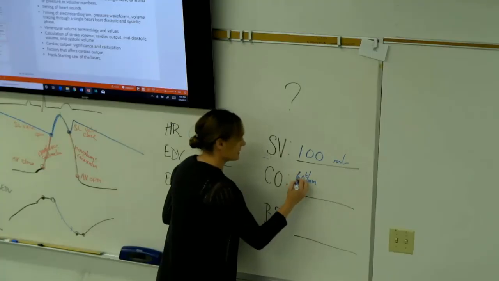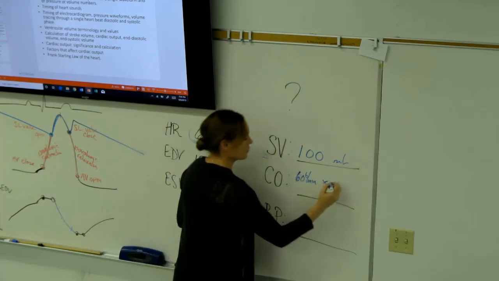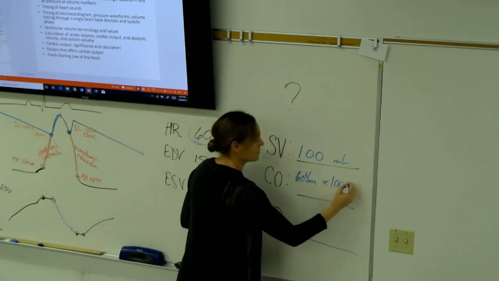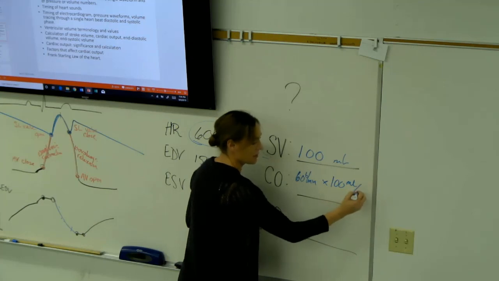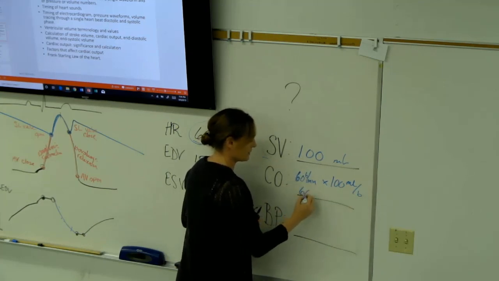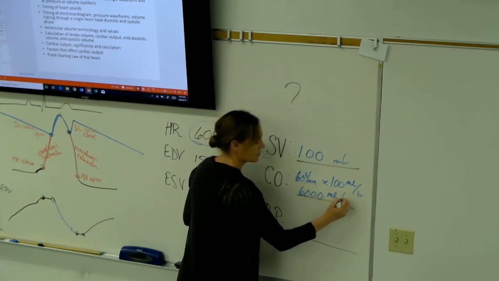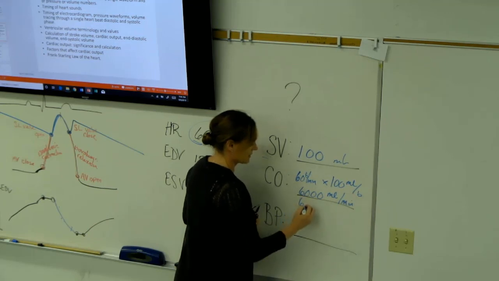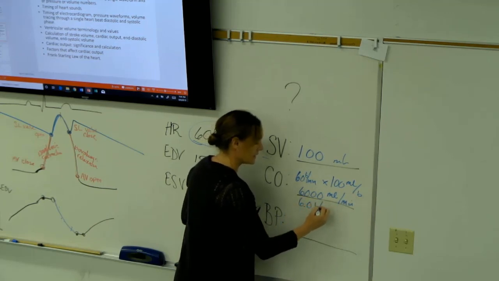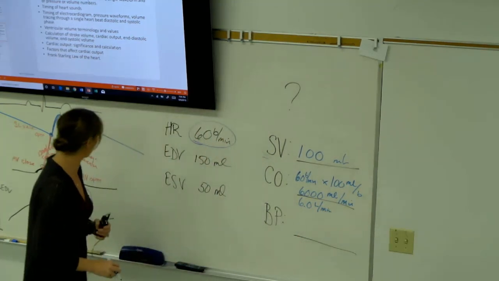So we write 60 beats a minute times the stroke volume, which is going to be 100 milliliters per beat. Cancel out the beats, and we end up with 6,000 milliliters per minute. You can also consider that as 6.0 liters per minute. That's the person's cardiac output.